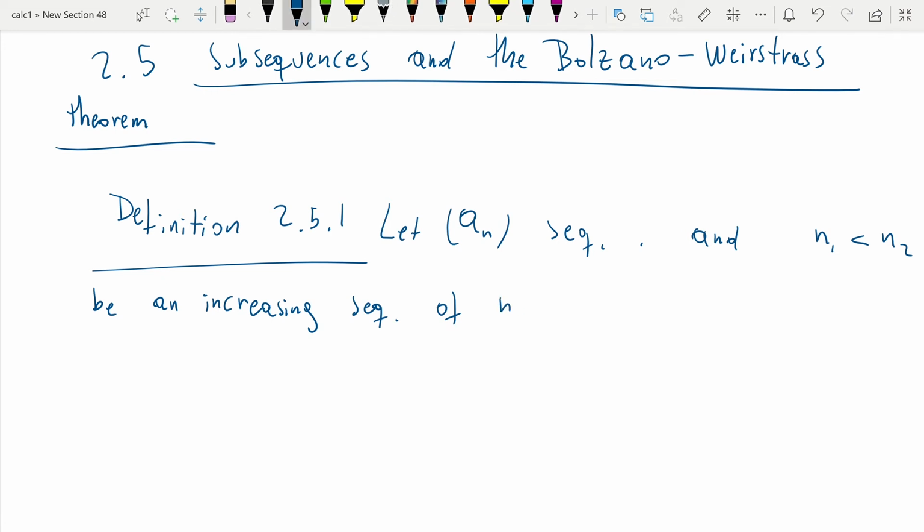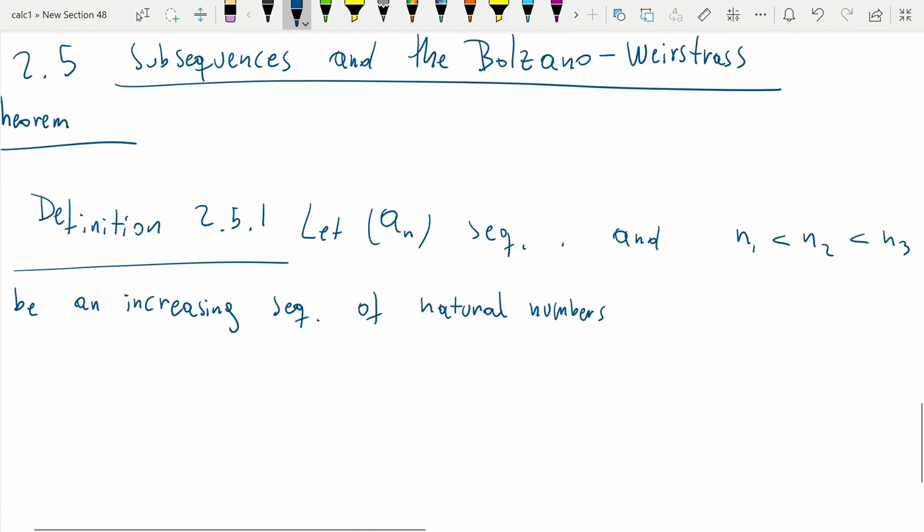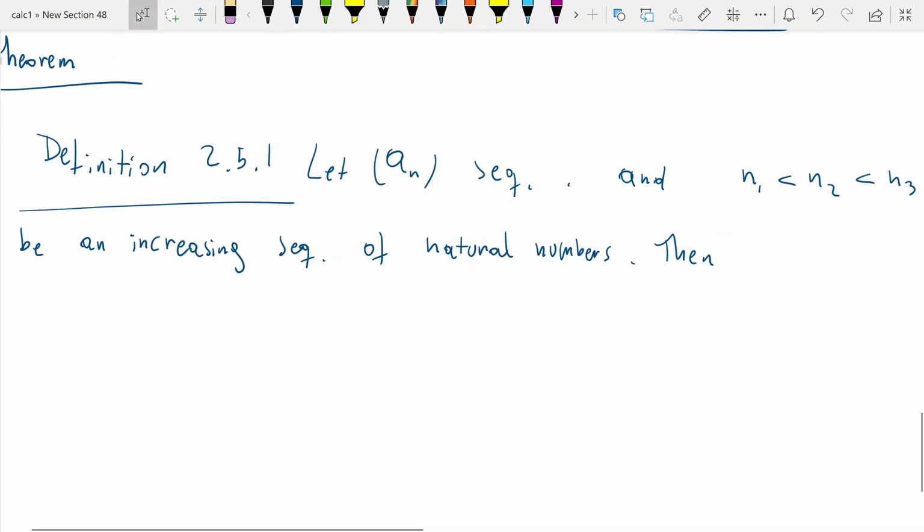Then, if you consider only the elements in the original sequence coming from these subscripts, n1, n2, n3, etc., that's called a subsequence.